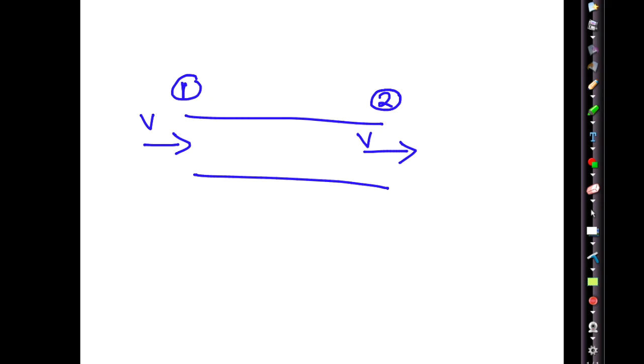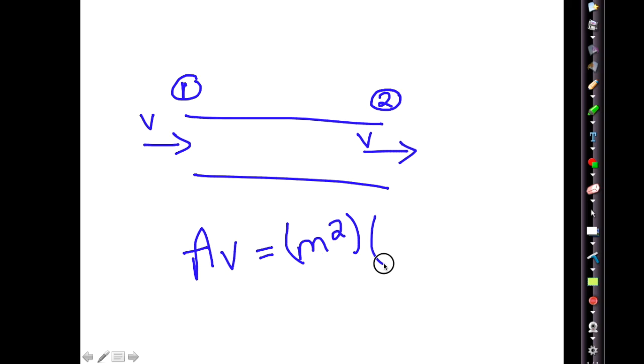A volume flow rate can be expressed as the product of cross-sectional area and velocity. So in terms of the dimensions, if we're using SI units, we might have meters squared for area and meters per second for velocity, which gets us meters cubed per second, or the rate of change of volume per unit time, a volume flow rate.